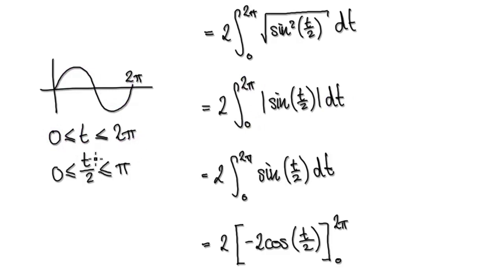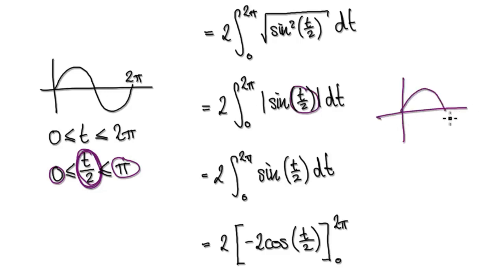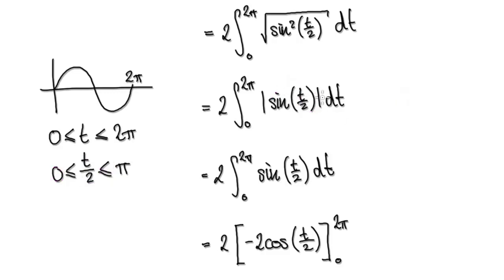Well, the point here is that this quantity here will always be trapped between 0 and pi. So the sine of this quantity will always be positive. So we can forget about the absolute sign and just jump from here to here, because this quantity will always be positive. Okay, so from here, that will take us to here.